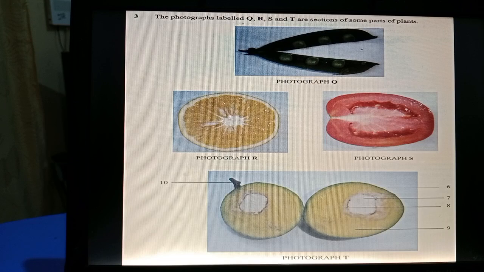So you have photographs. The photographs labeled Q, R, S, and T are sections of some parts of plants. Photograph Q, photograph R, photograph S, and photograph T. Photograph T has labels 6, 7, 8, 9, 10.